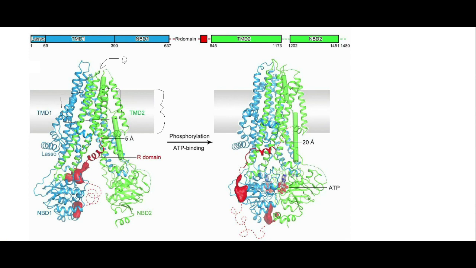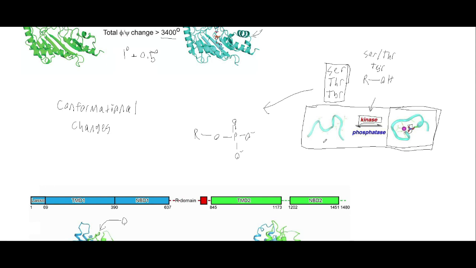It exposes some part of the receptor so that another protein can actually come in and associate with it, and that will cause a cascade of signaling, which once again we'll get into once we get into the biochemistry and metabolism. And that signaling is often done using this right here.